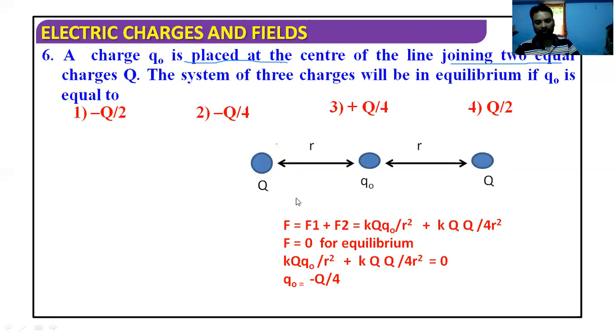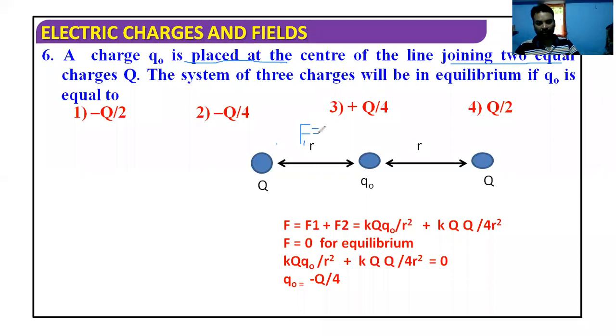So let me try to find that. First, let me find the force between Q naught and Q. It is a Coulomb force. Let me call this F1. How much will the Coulomb force be?